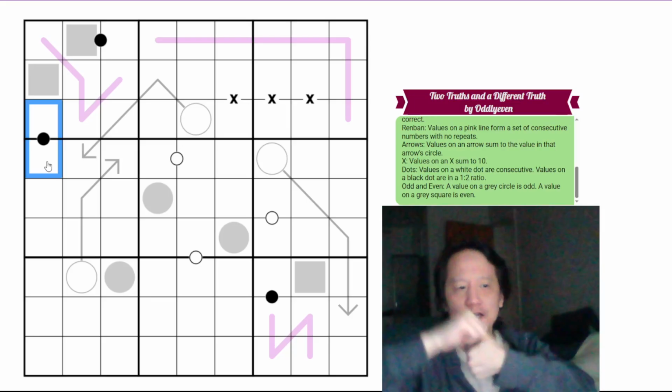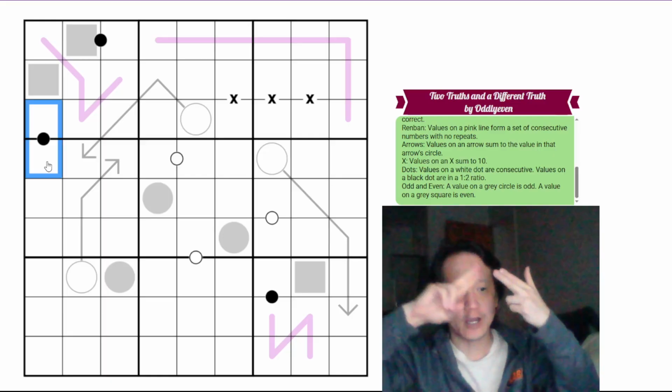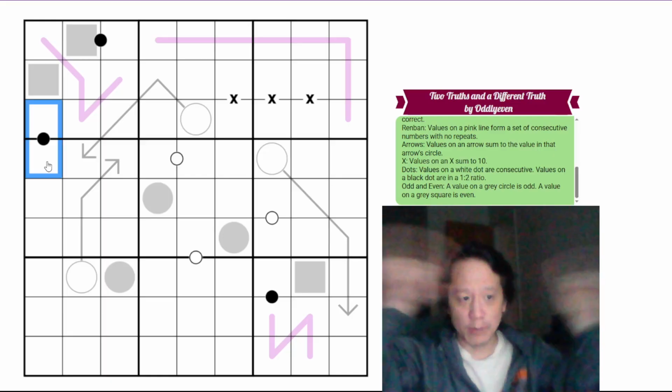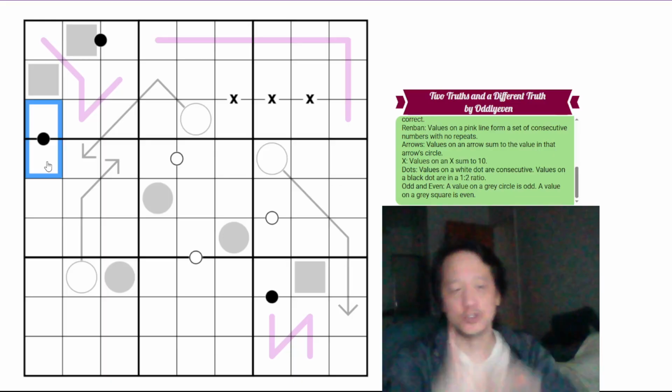If you have 1 and 2 as a normal 1-to-2 ratio, and then you try to double both of them, they become 2 and 4, which is still a 1-to-2 ratio.